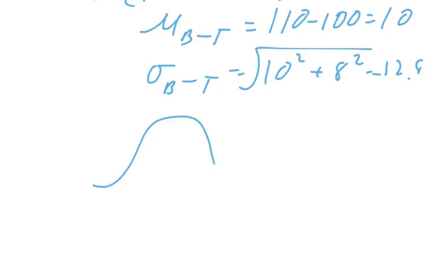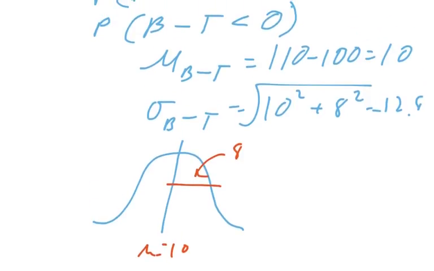So they said it was normally distributed for both of these people, so we're going to use a normal distribution. And the mean is 10, and the standard deviation is 12.8. And we want to figure out less than 0. So here's 0, and here's the shaded region down here.